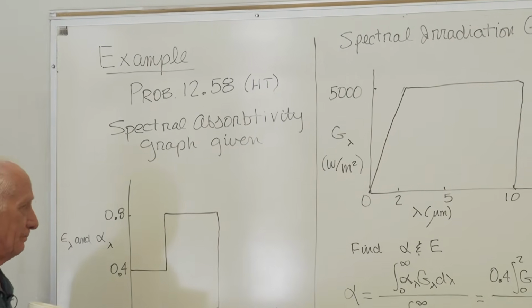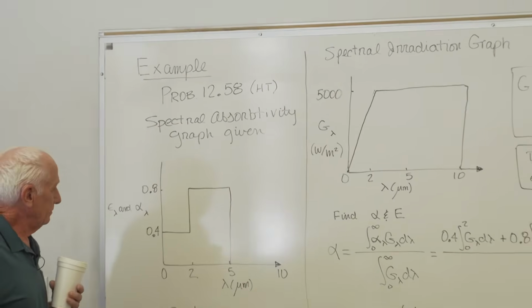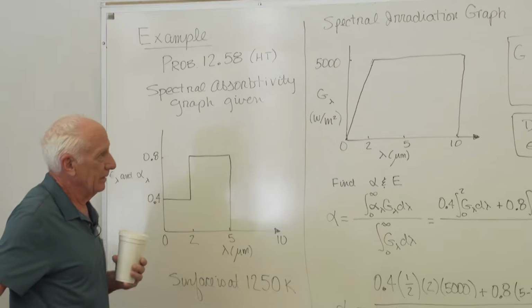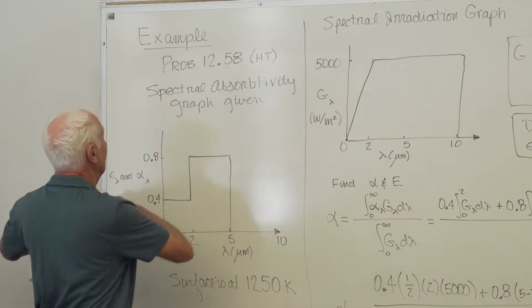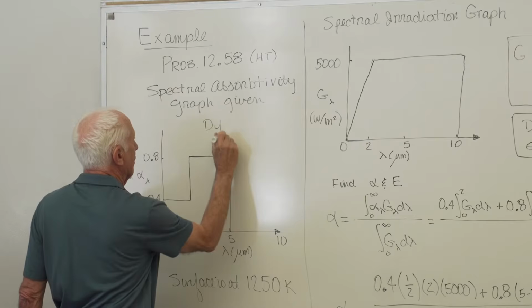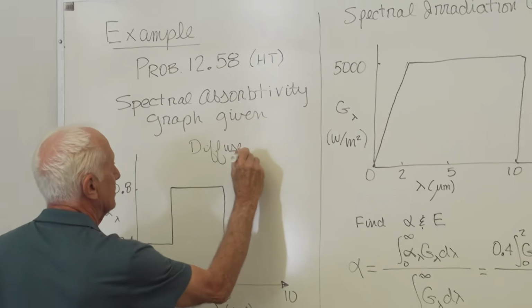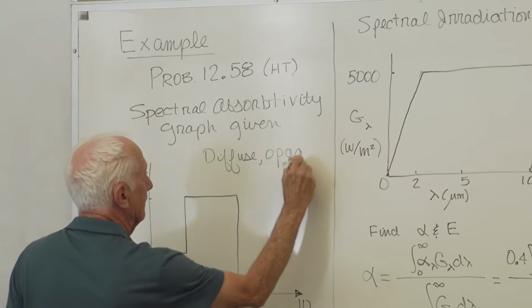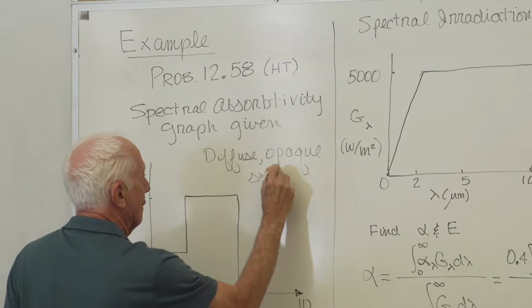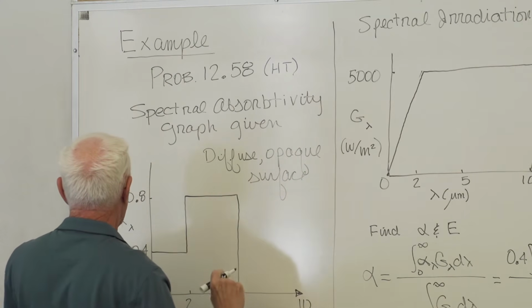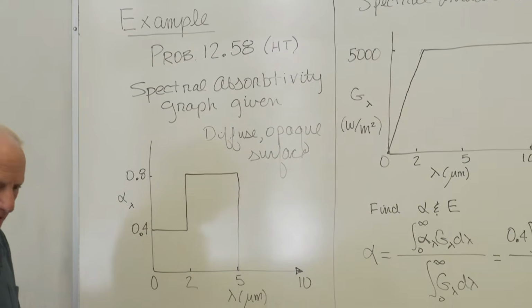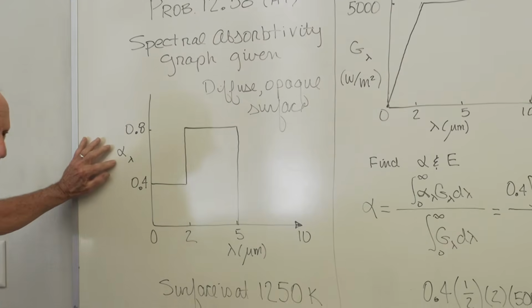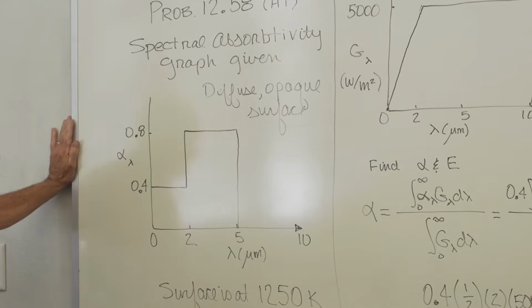This is what we're given. It says that we're given a diffuse opaque surface. And we're given a graph of that surface, its spectral absorptivity as a function of wavelength.